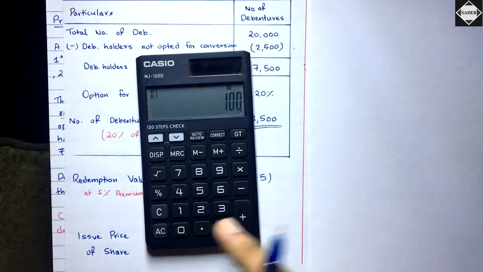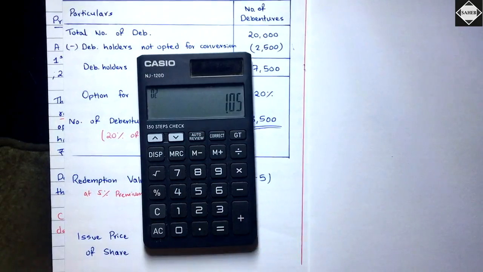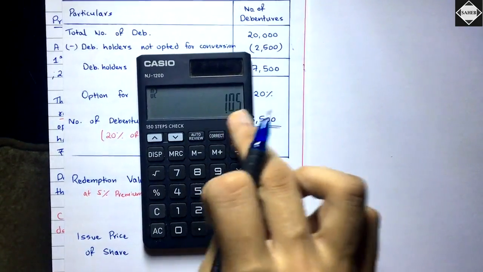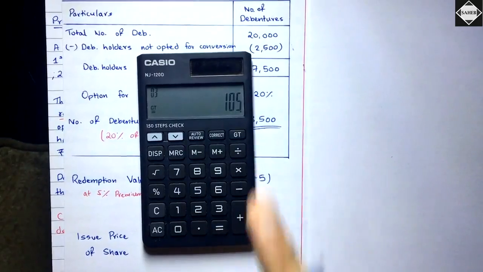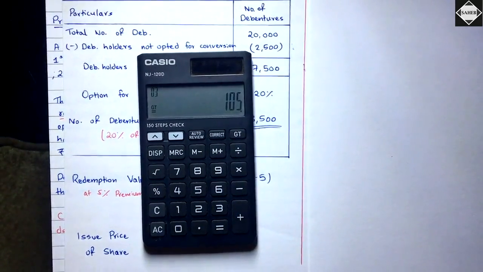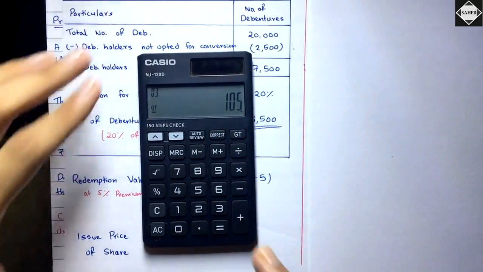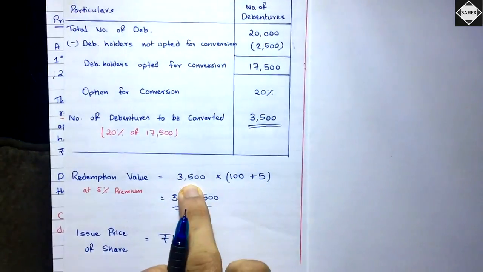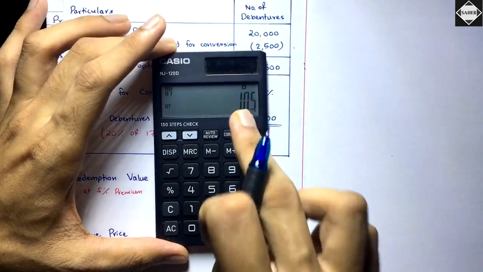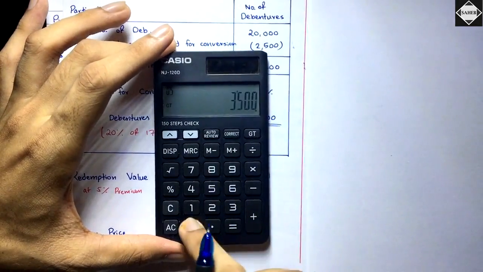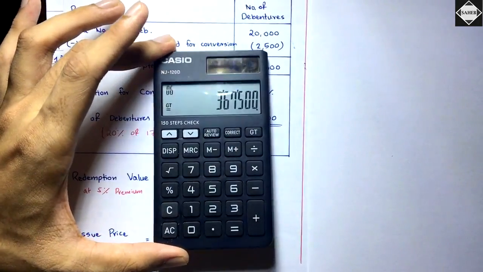So I'm inflating the 100 rupees by 5%, that's why I'm multiplying it by 1.05. So that's equal to 105. So 105 is the redemption value per debenture. So 105 into 3,500, redemption value per debenture into the number of debentures, is equal to 3,67,500.